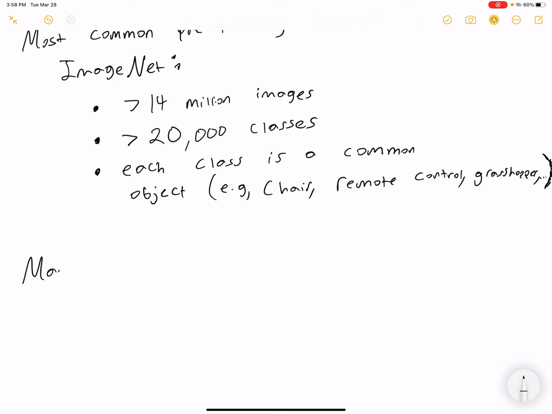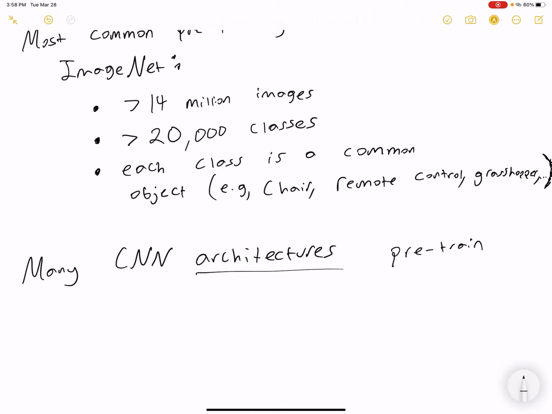So many CNN architectures, I think it's better to define these in context rather than writing a definition. So many CNN architectures are pre-trained on ImageNet, and they are readily and freely available.